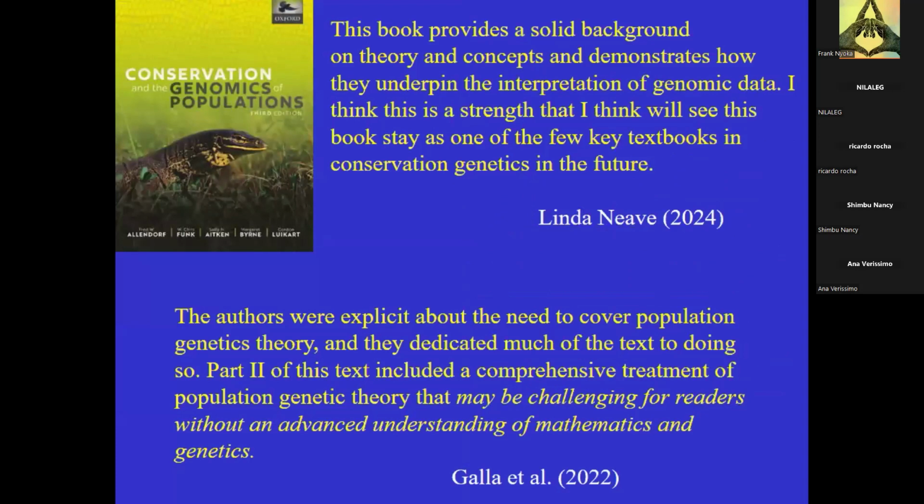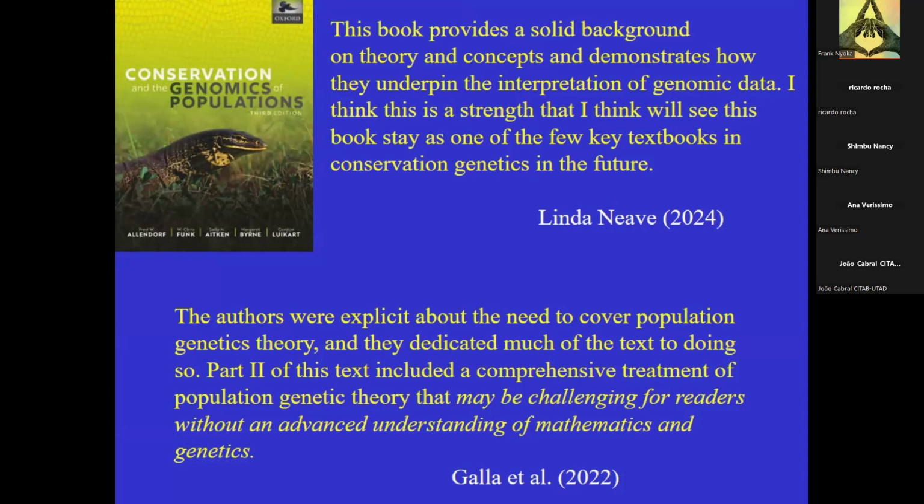Here are a couple of reviews of our book, which I think is interesting because obviously the reviewers got it. We spent a lot of time in the book. It's really a population genetics book with applications to conservation. The Linda Neves review talks about the solid background of theories and concepts as a strength of the book.